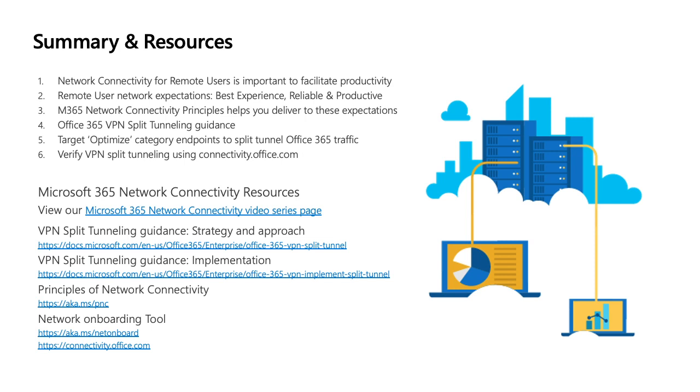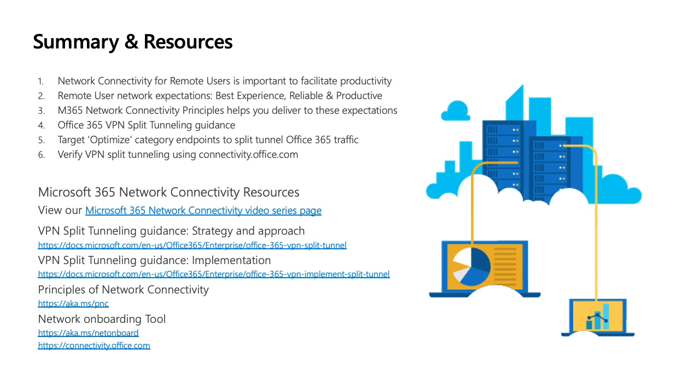You should now be familiar with the expectations of a remote user in terms of connectivity and experience, and why network connectivity is relevant and important for remote user experience. You should also be familiar with how you can apply the Microsoft 365 network connectivity principles in order to deliver to the expectations of your remote user.